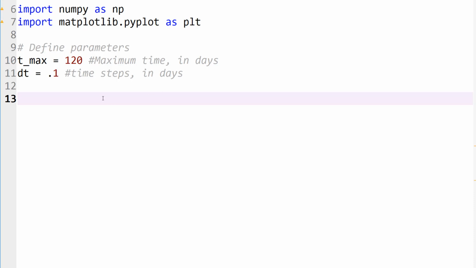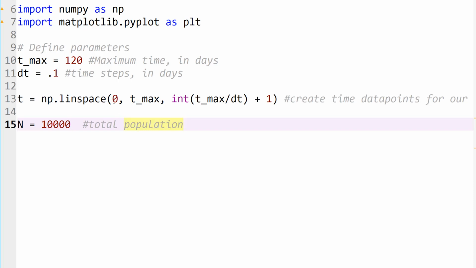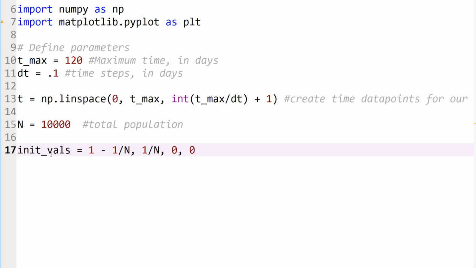Now let's create these time steps. In NumPy you can create a linspace, and with linspace you can create the time data points from 0 to whatever the maximum time is. And let's fix our total population to 10,000 people. Let's also initialize our values, because for any simulation you need to start with initial values. The way I want to define them is 1 minus 1 over n, so I'm using the normalized population.